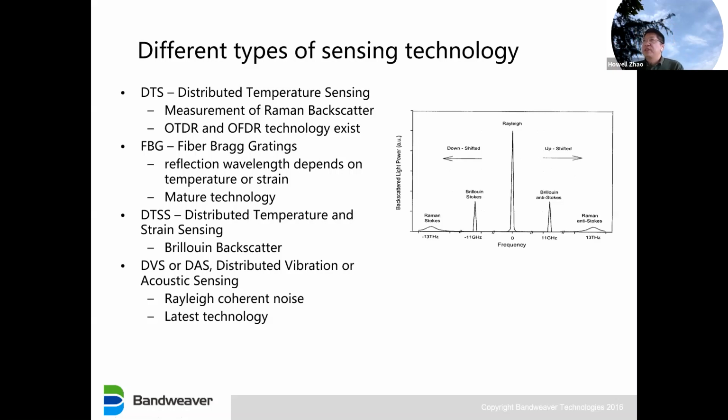So here we have some major technologies used in fiber optic sensing. Actually, more optical effects are under research and development to be used for other kinds of detection. First we have the distributed temperature sensor, in short DTS. This technology uses the measurement of Raman backscattering, and we also use optical time domain reflectometry as another platform to get information along the fiber.